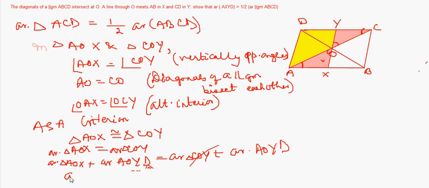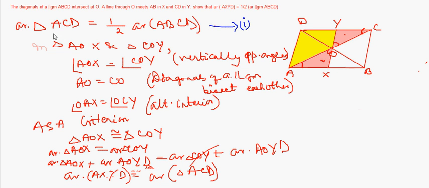This gives us area of AXYD as area of, if I add this pink part to it, it becomes area of triangle ACD. Now look at this first equation we had noted.